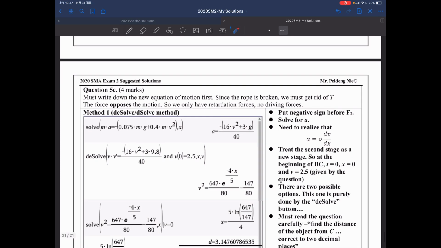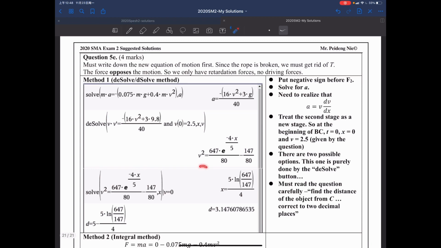This problem is related to v and x, so we don't want to use dv/dt. Instead, we want to use v dv/dx to represent the acceleration. How do I translate v dv/dx on our CAS calculator? We could say, okay, v times v dash. So v dash means dv/dx. And my independent variable is x, dependent variable is v. Using dsolve will give you a relation between v and x.